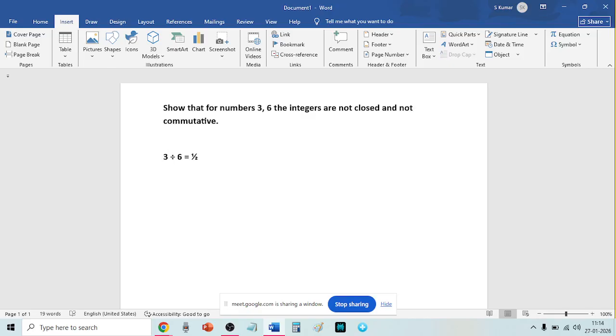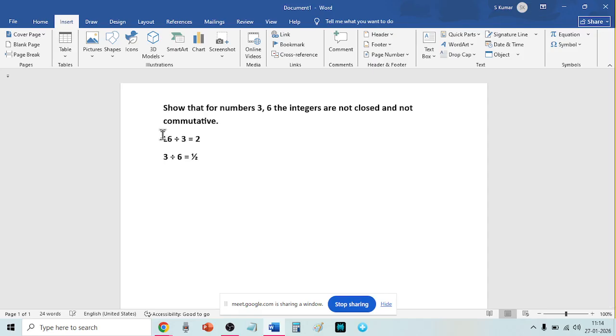So 3 by 6 is 1 by 2. But if you write first 6, then division, then 3, it will be equal to 2. 6 divided by 3 equal to 2 and 3 divided by 6 equal to half. So first of all, left side is not equal to right side.